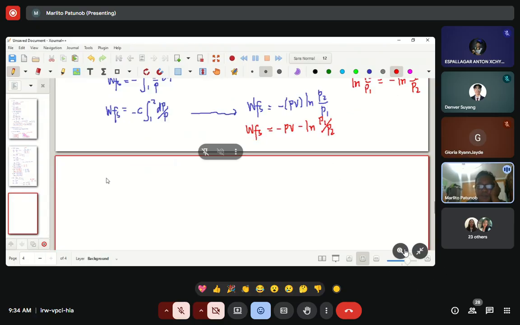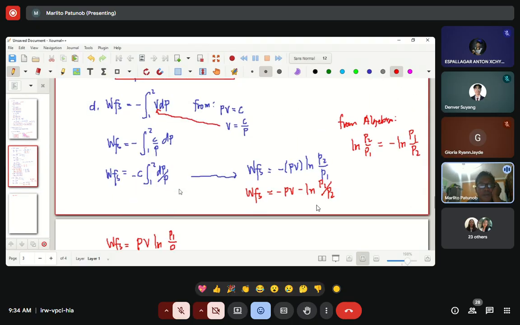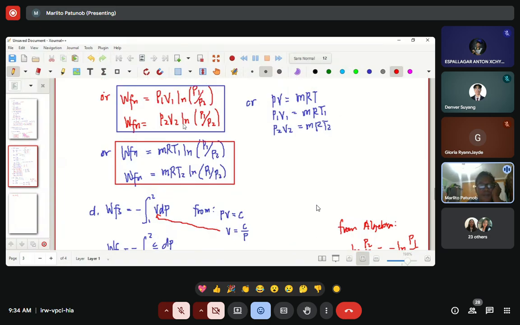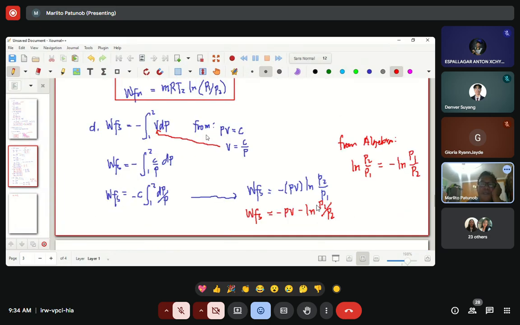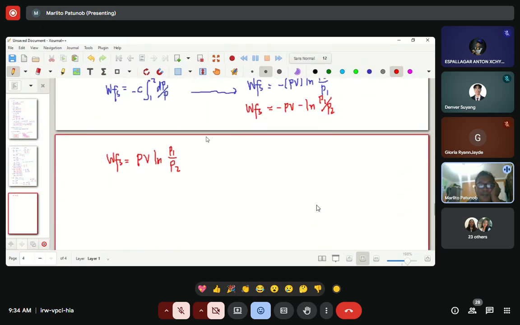So the negative, negative, so your work steady flow will just be PB ln P1 over P2, positive. If you look carefully at the work steady flow, the PB ln P1 over P2 is equal to the work non-flow.